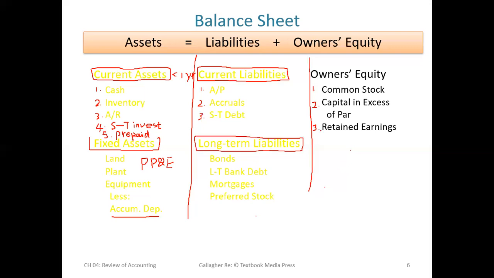So basically, total asset equals your total liability plus owner's equity. Sometimes you can just draw a circle. The total asset of the company is like a pizza, and you could cut that into two slices.